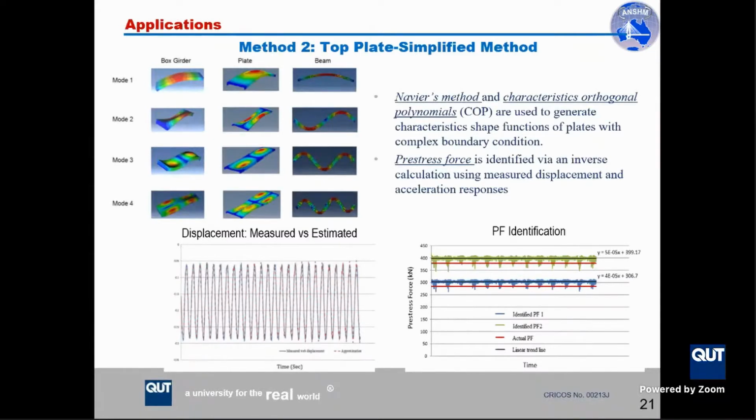This study used the Navier method and characteristic orthogonal polynomials to generate characteristic set functions of a plate with complex boundary conditions, and then used inverse calculations to identify prestress force from measured displacement and acceleration responses. You can see here the prediction is quite accurate compared to the actual prestress force. We have two different prestress force levels here, and we could successfully identify the level of prestress force.